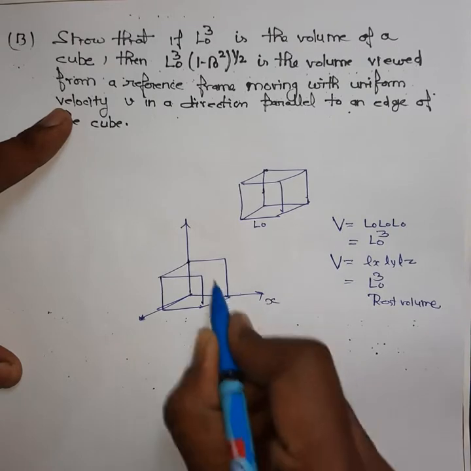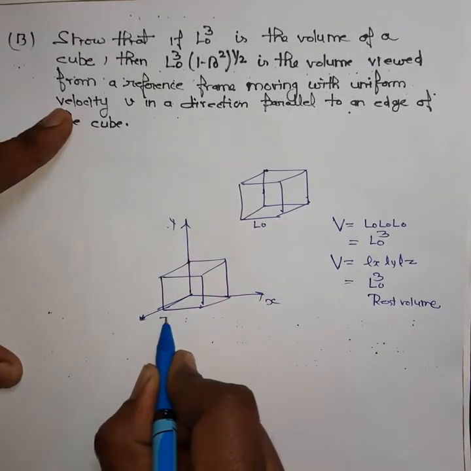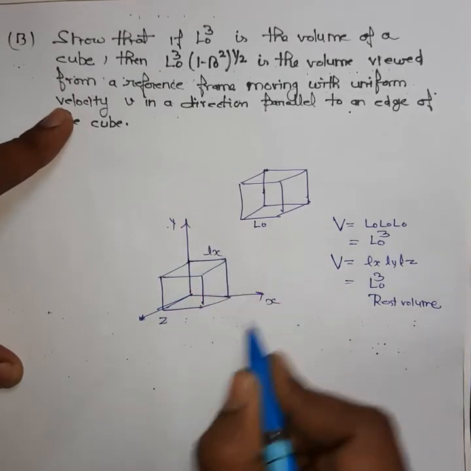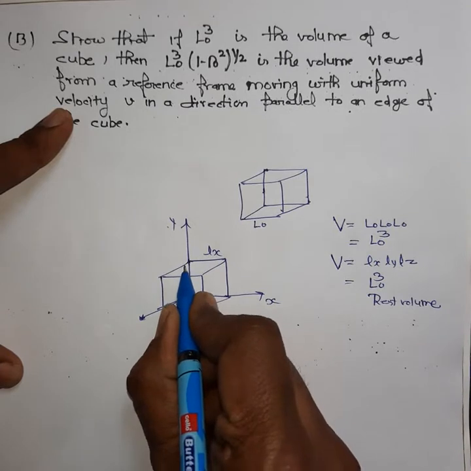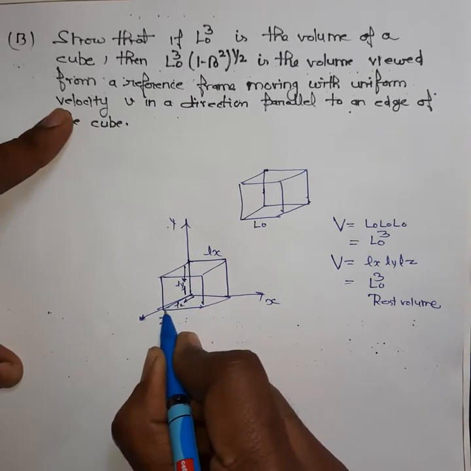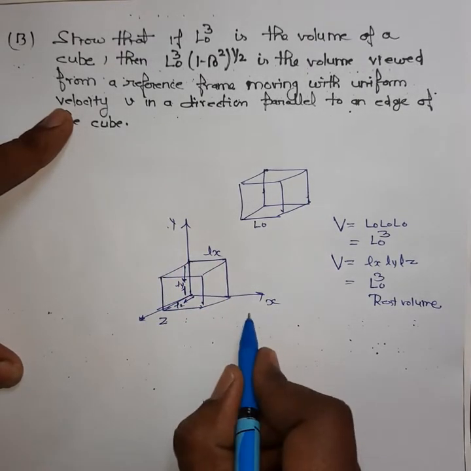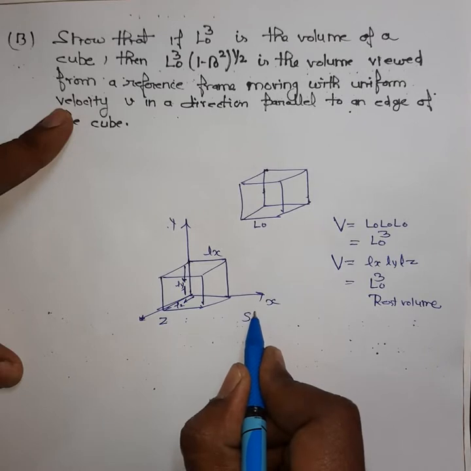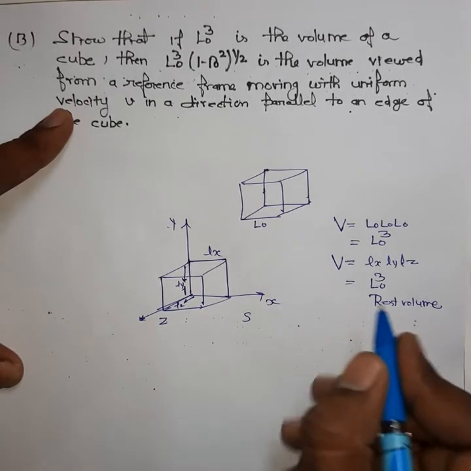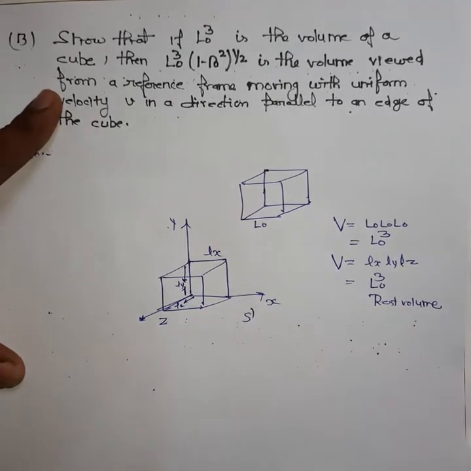This is x axis, this is y axis, and this is z axis. So this dimension is Lx, this is Ly, and this dimension is Lz. So this is the cube and it is at rest in, let's call it, S dash frame of reference, no problem.